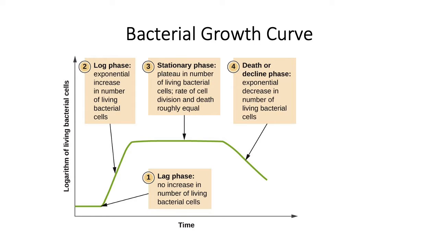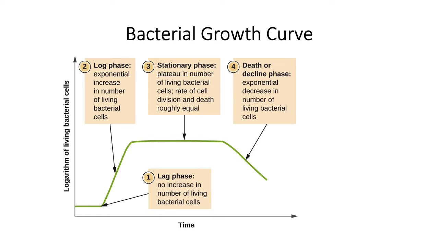After that, we have the log phase, and log comes from logarithmic. So there is this exponential increase in the number of living bacterial cells. These are your happy bacteria, continuously dividing by the process of binary fission we saw before.